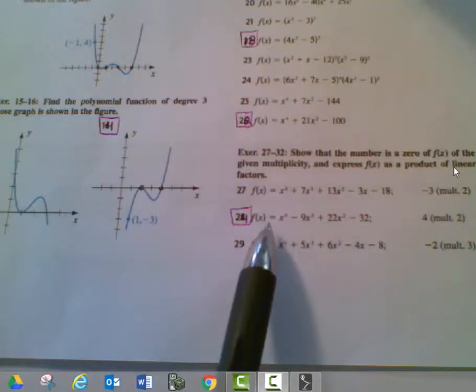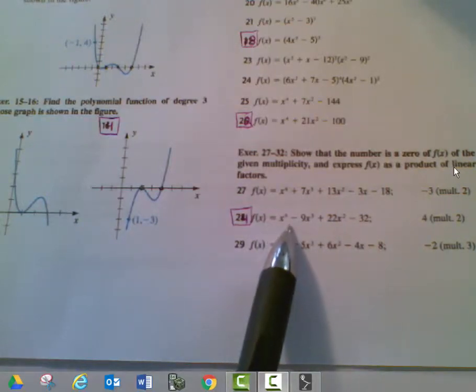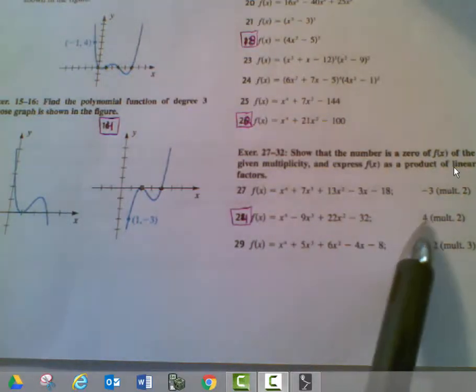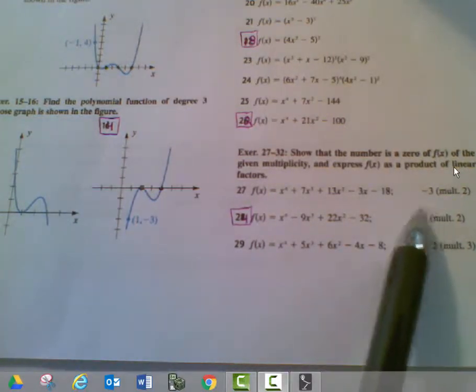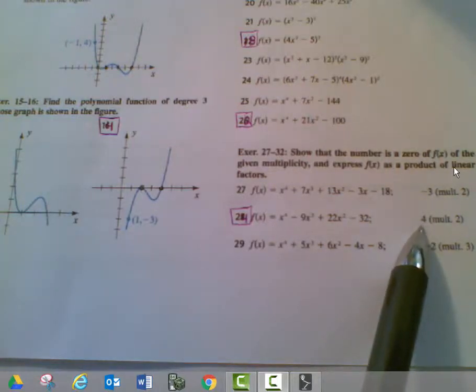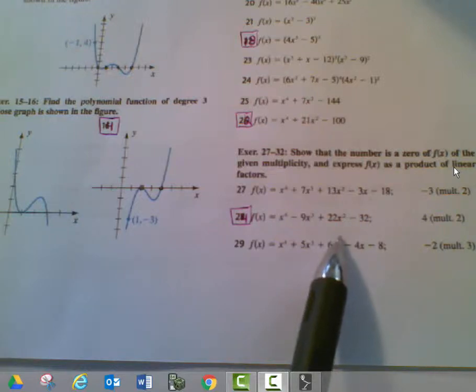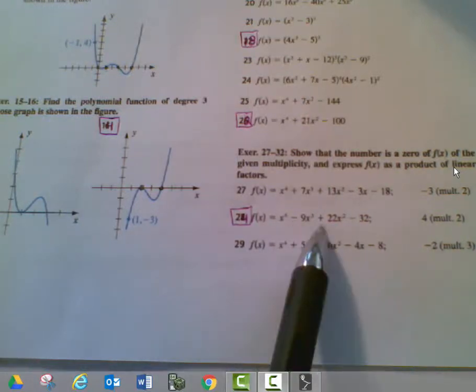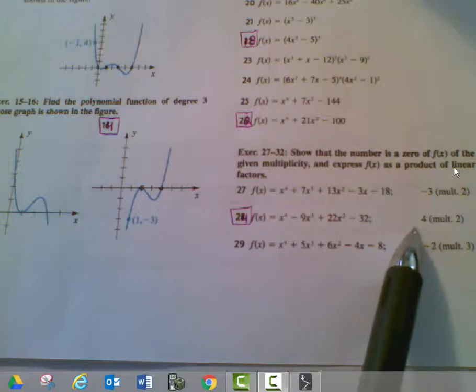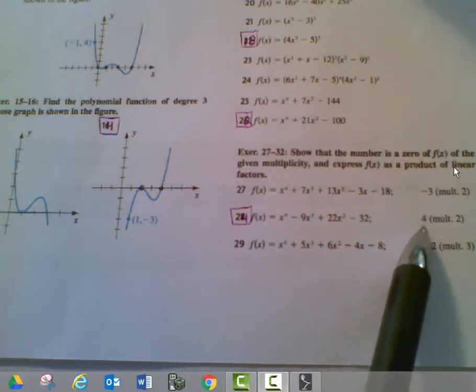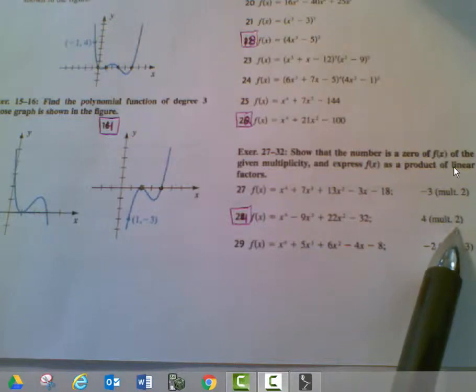We have to think back to how we did that in 3.2. In 3.2, we had a theorem that says if 4 is a 0 of the function, then when we do synthetic division, the remainder should give us 0. And here we're told that not only is 4 a zero of the function, but it's a zero of multiplicity 2.